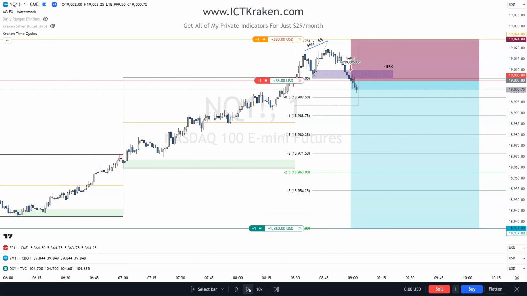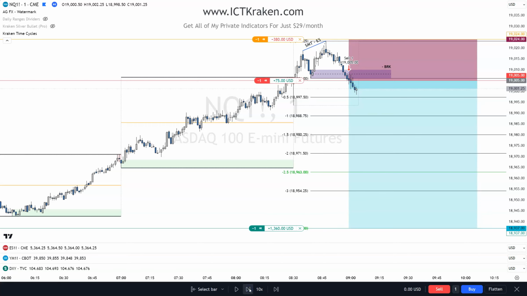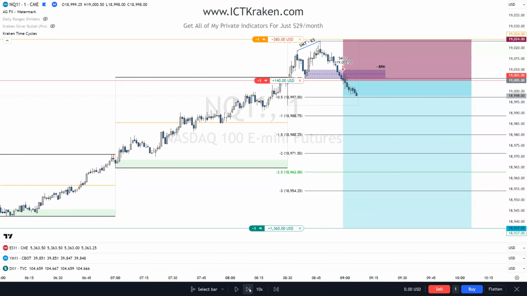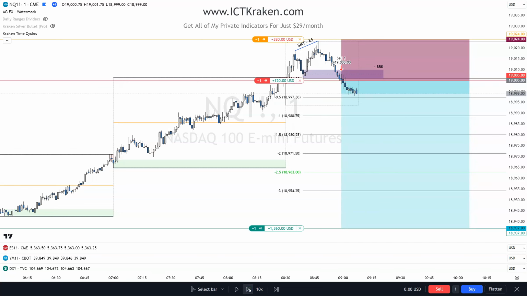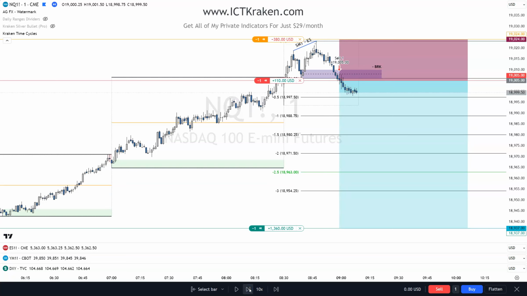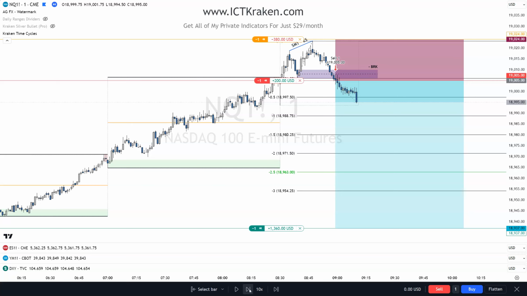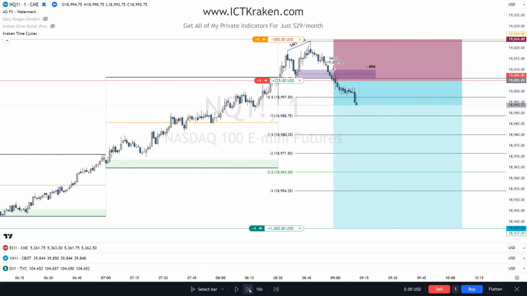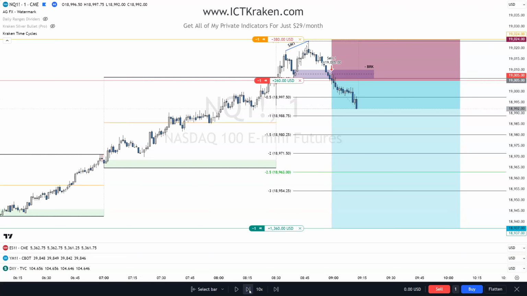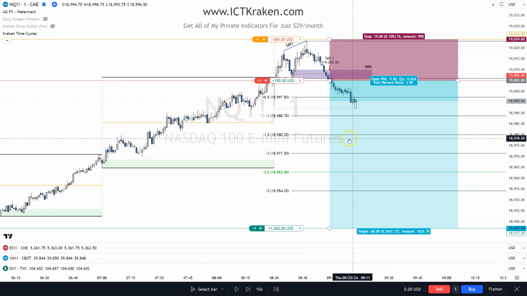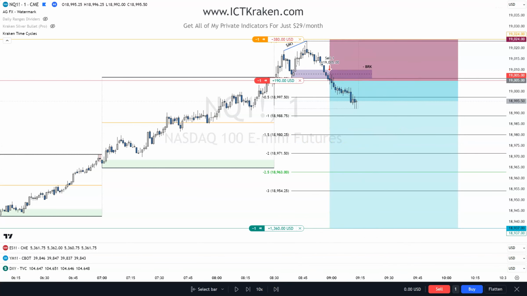I don't like this slow bleed down. I'd like to see some major displacement, some oomph to it. Not a huge fan at all of this price action so far. When it hits probably the 1.5 standard deviations right here, I'm gonna go break even.